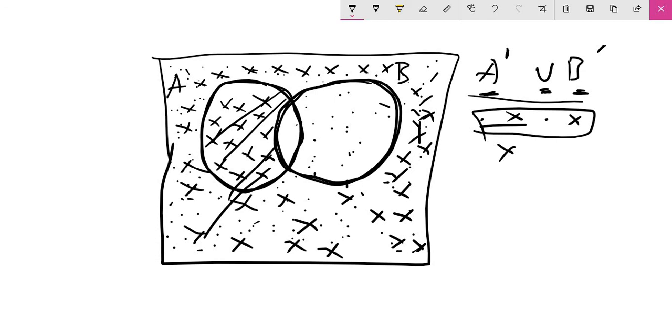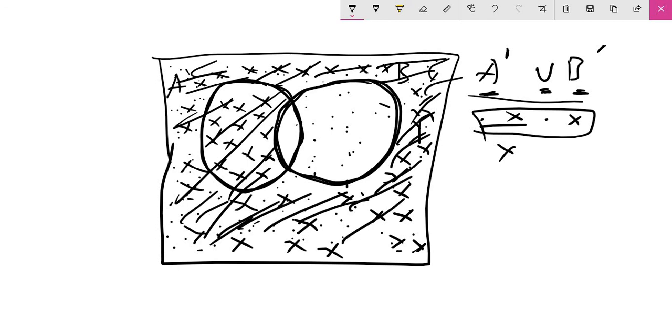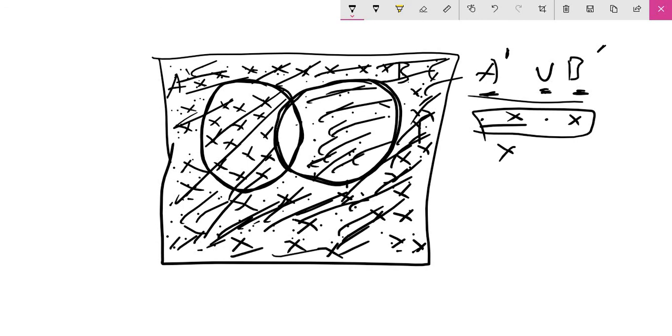So all of these regions I'm shading, that is A complement union B complement, together with this. So you realize that the only unshaded region is the overlapping region. So only the overlapping region is unshaded. Everything else is shaded. And that is A complement union B complement.